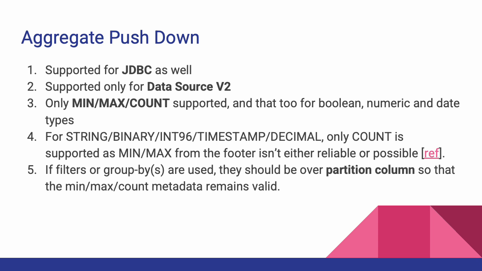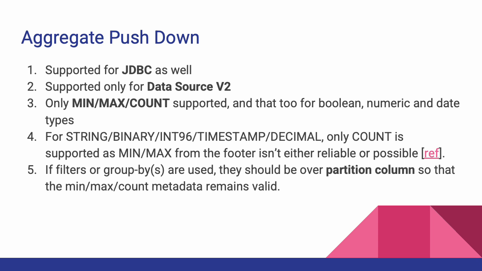You can filter out files if you are trying to look into specific directories, and those directories or subdirectories are specified by the partition column. So if you have a filter condition on the partition column, then you know which directories to go into, and once you go into the directories, you know which are the files and what are their statistics in the footer.